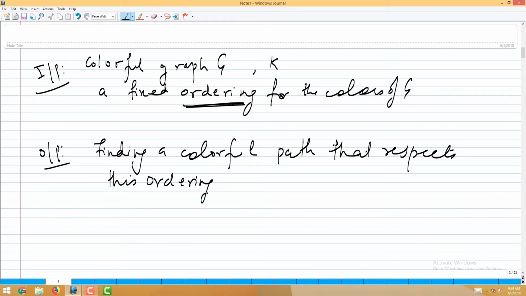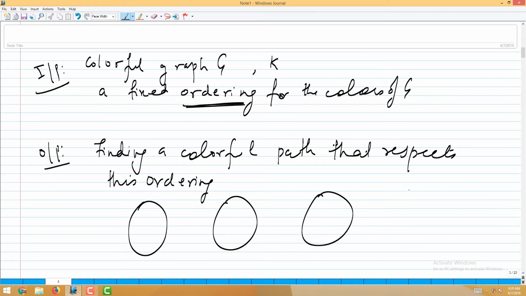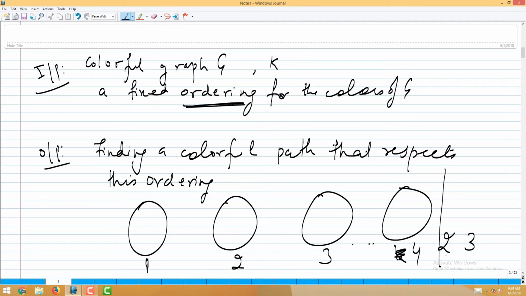Okay. So again, now I'll not draw colors, I'll just write numbers. So suppose this was the input graph, these were the vertices that get color 1, these were the vertices that get color 2, 3, and so on, k. And suppose k was only 4, and the ordering that is given to me is 2, 3, 4, 1.